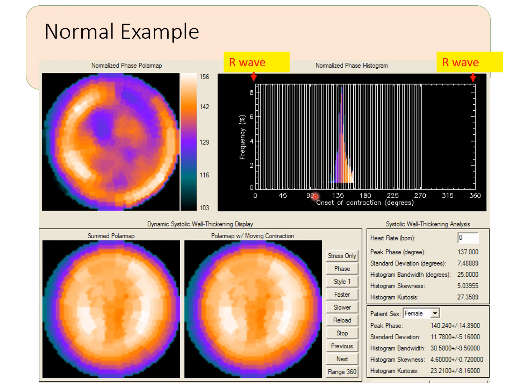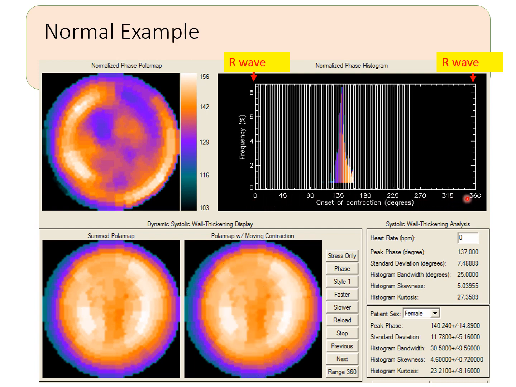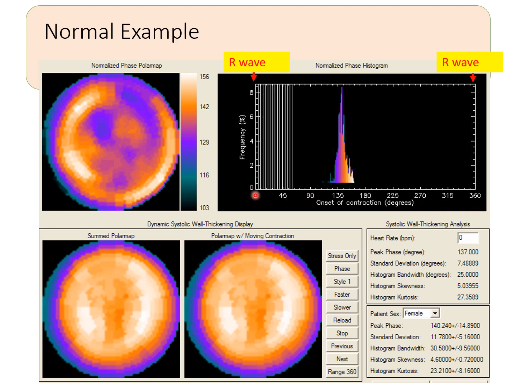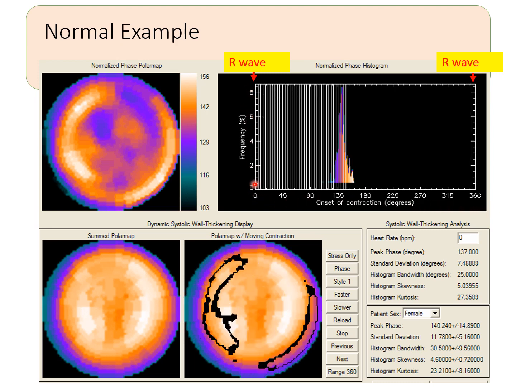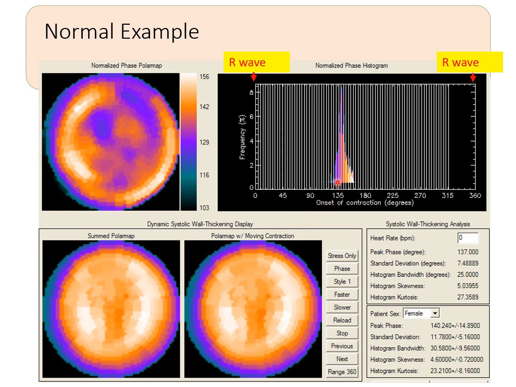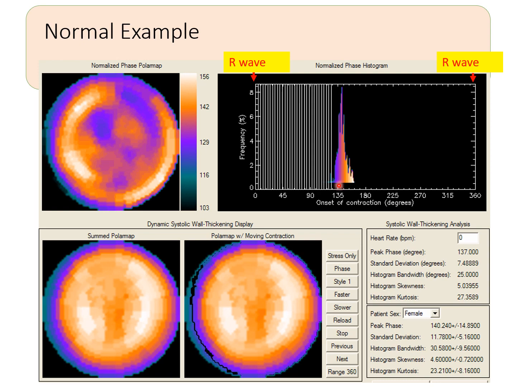Here we also see the corresponding histogram. And in this histogram, we're plotting 360 degrees, which represents the length of one cardiac beat, versus frequency in terms of number of pixels whose onset of contraction was at that particular portion of the heart beat.